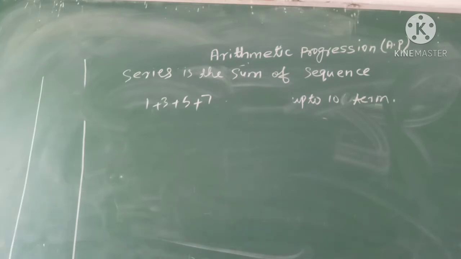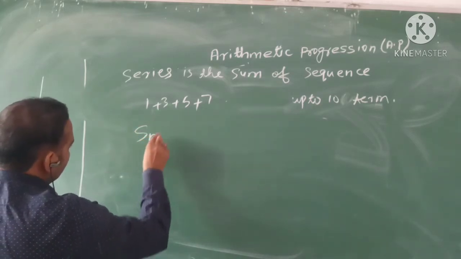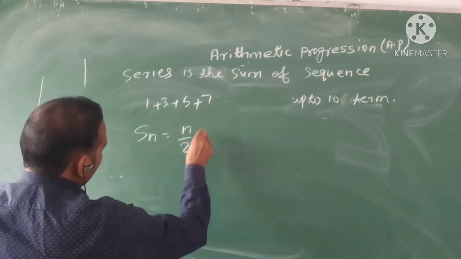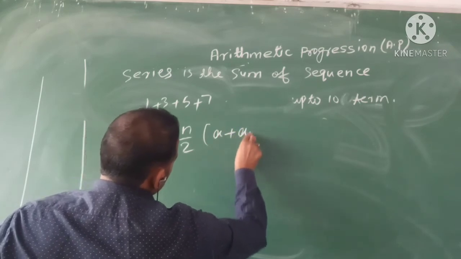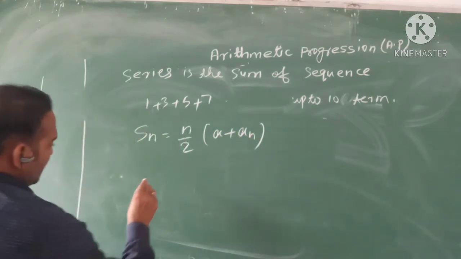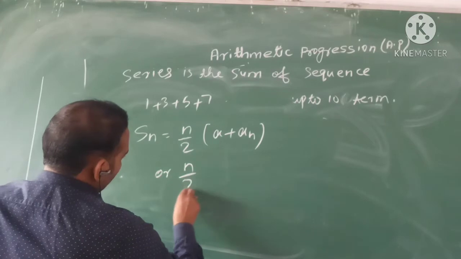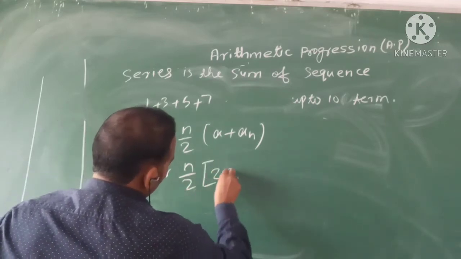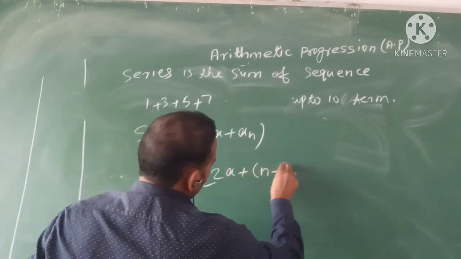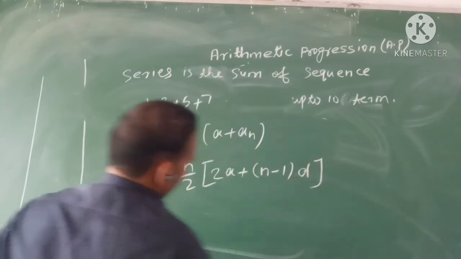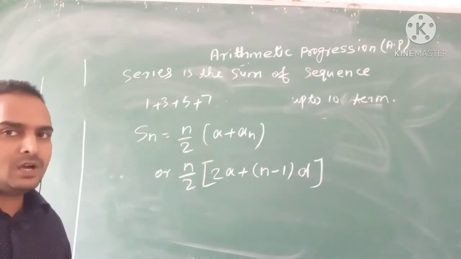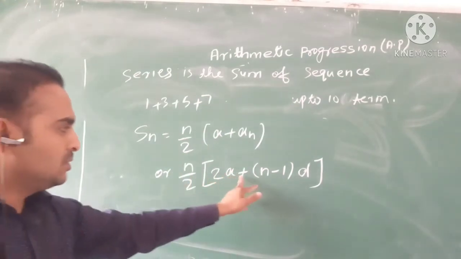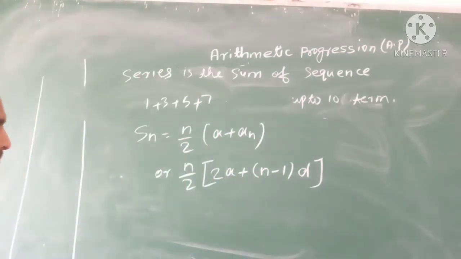And the formula for finding the sum is Sn equals n by 2 into A plus An, or n by 2 into 2A plus n minus 1 into D. If the last term An is given, we will use the first formula. And if the last term is not given, we will use the second formula.